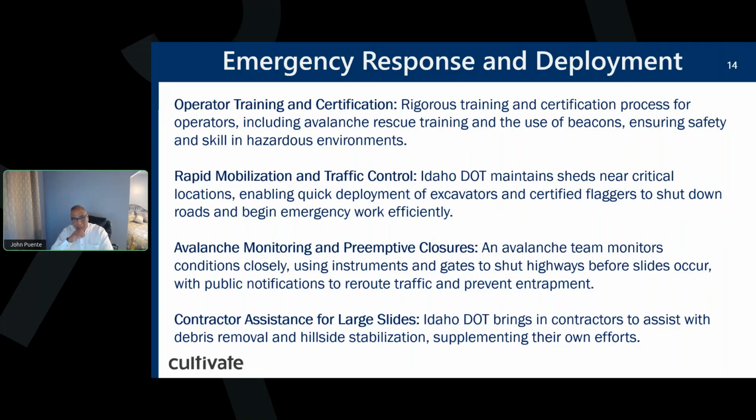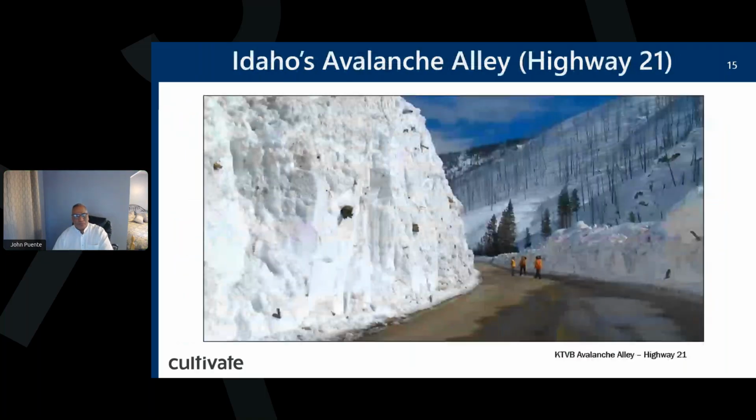They also had monitors for avalanches. Individuals were tasked with monitoring those sites, looking at conditions very closely, and were able to shut down the site if conditions became dangerous to the traveling public, which also gave them time to pre-plan and have equipment out a lot quicker as a response.